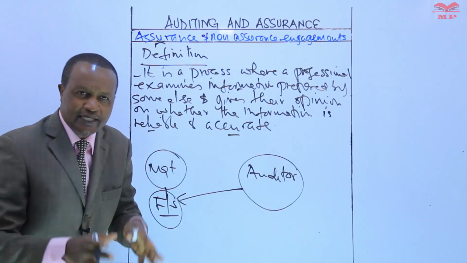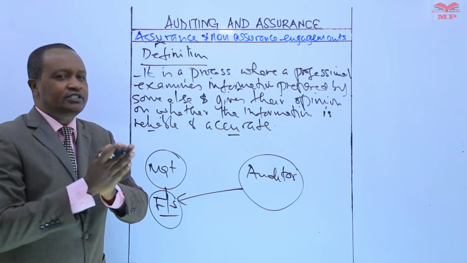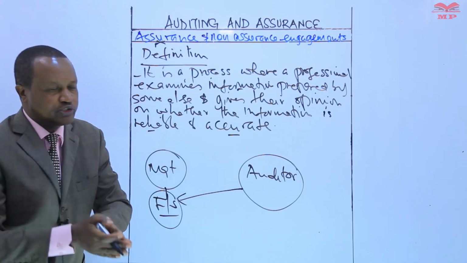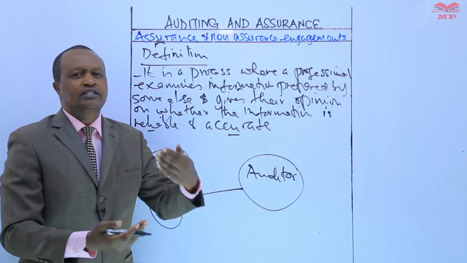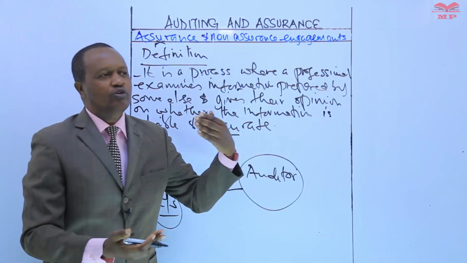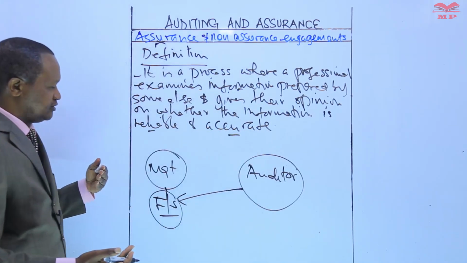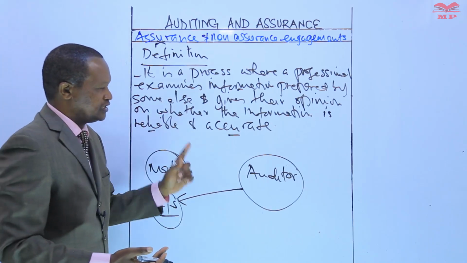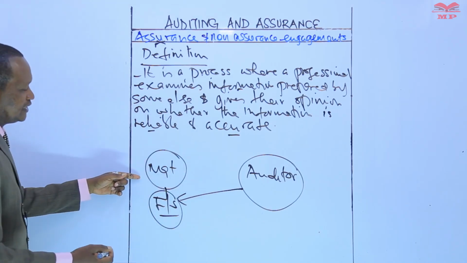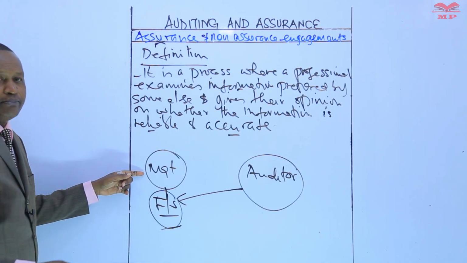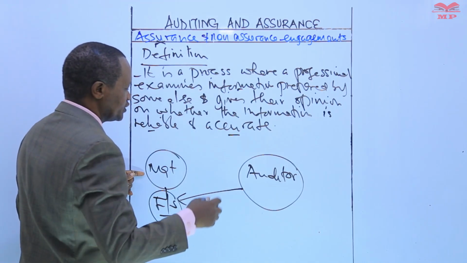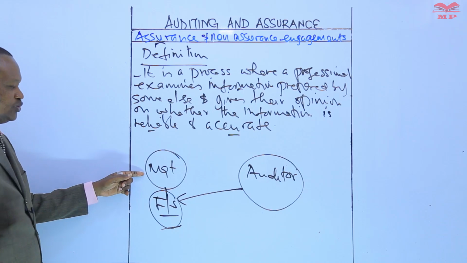It is an independent professional service in which a practitioner expresses a conclusion designed to enhance the degree of confidence. Because, candidates, the financial statements that are prepared by the management are meant for consumption by various users.